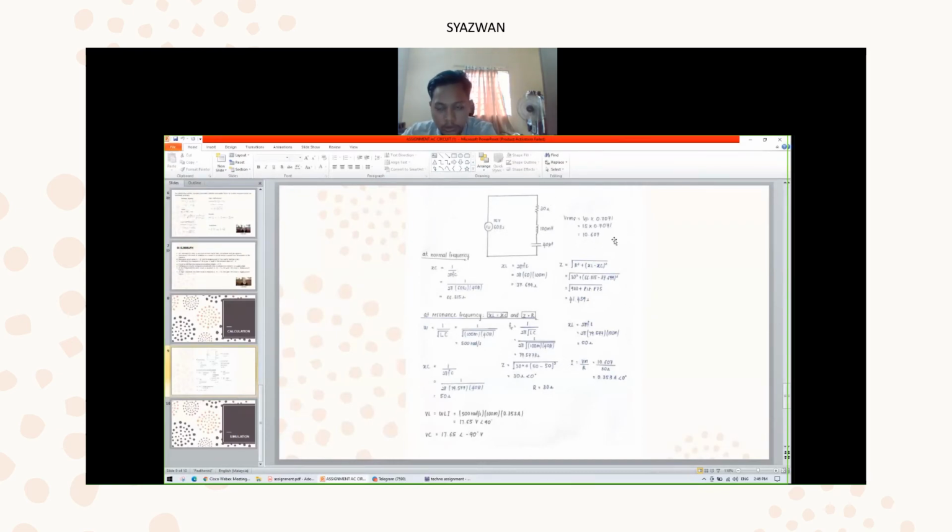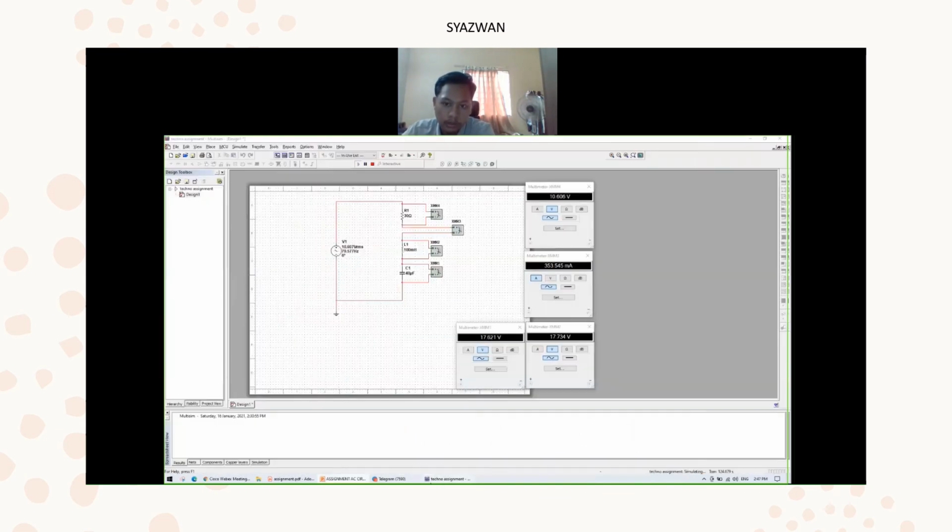So the voltage we get is correct. Voltage of inductor and capacitor we also get 17.65, quite similar, so it's also correct. And for the current we get 0.353 ampere. So we can see here we get 353.545 milliamperes. So the output of current is also correct.